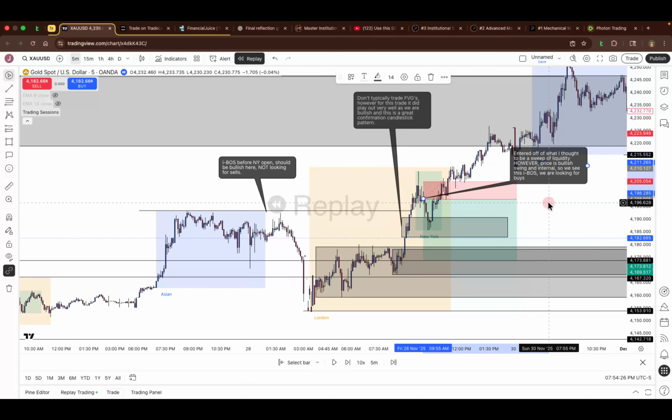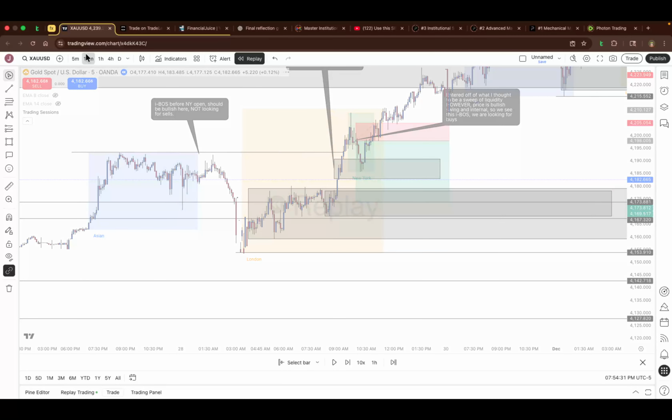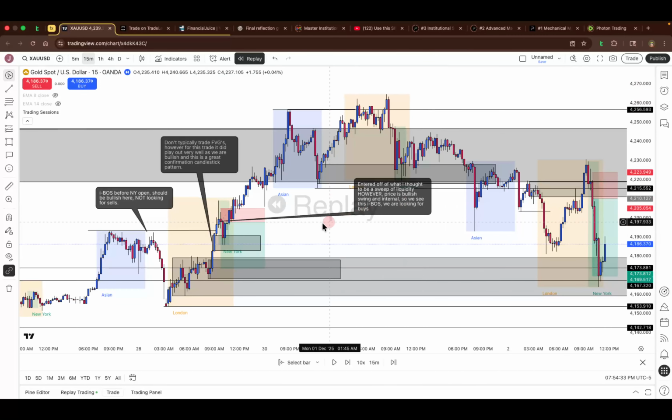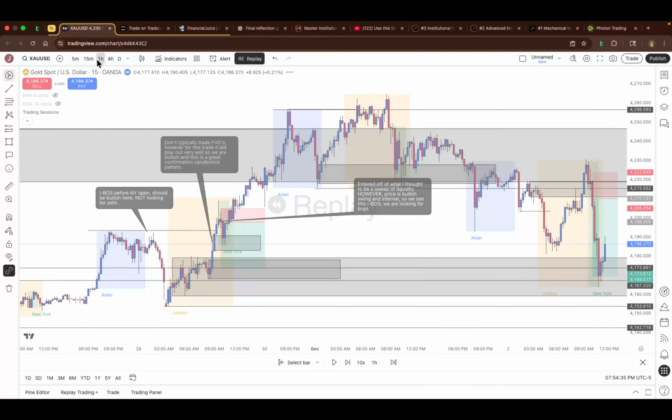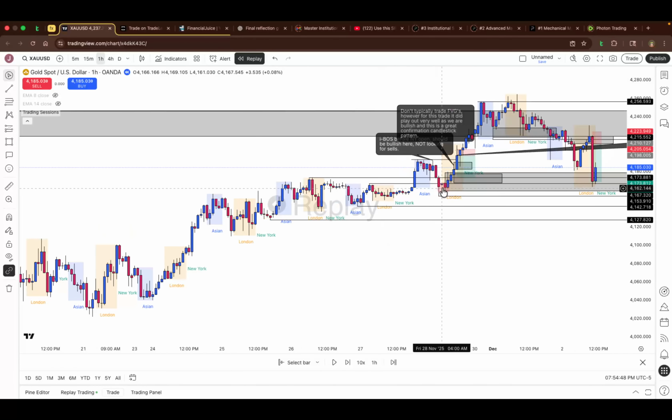Another reason why I wanted to see price come down, why I had this as my TP. I'm pretty sure on the 15-minute. No, it was the hourly. Yeah, the hourly. I saw this demand zone down here. It's not a strong demand zone. I'm going to be honest, this isn't really a strong demand zone.